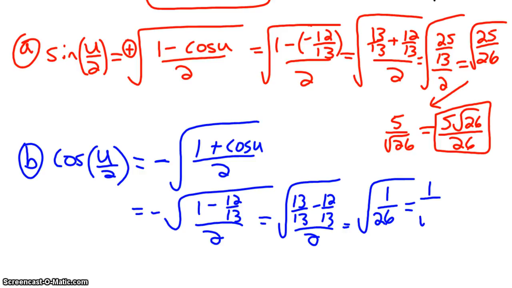Simplification tells us we have 1 over radical 26 or radical 26 over 26.